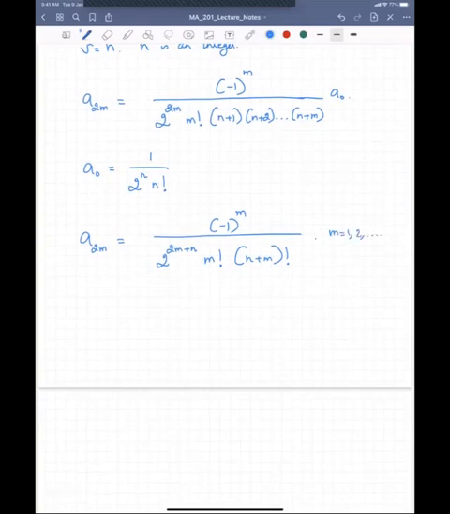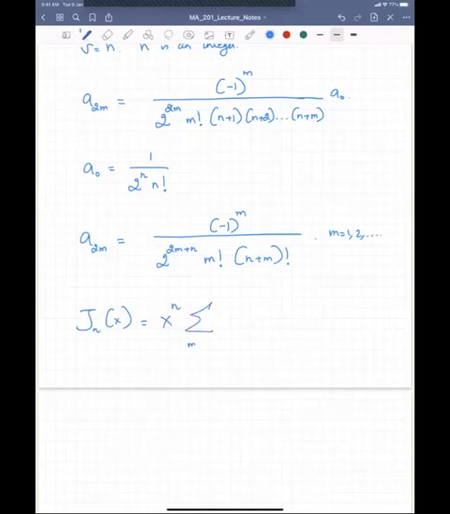So with this choice of A0, I can write down my solutions, and these solutions I will call Jn of x. I don't call this Yn of x, I call this Jn of x, a solution of Bessel's equation for an integer nu. This is given by x to the r, where r is nu, but nu is an integer n, so there is an x to the n out front.